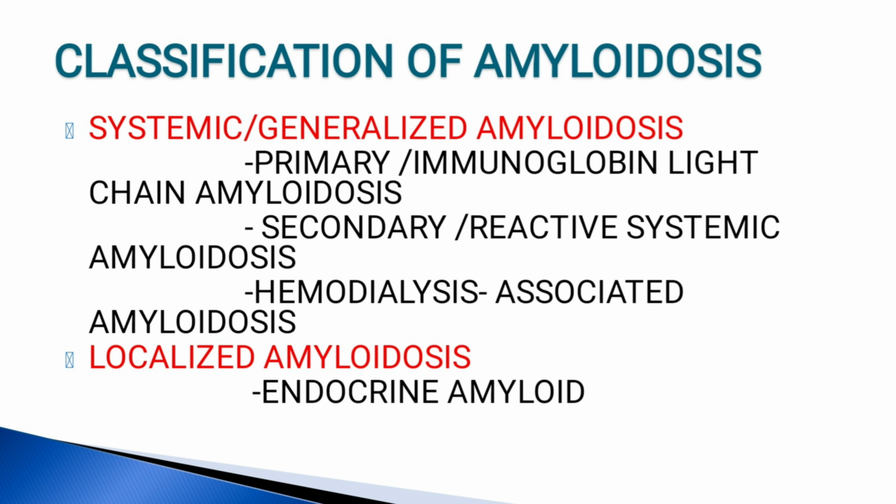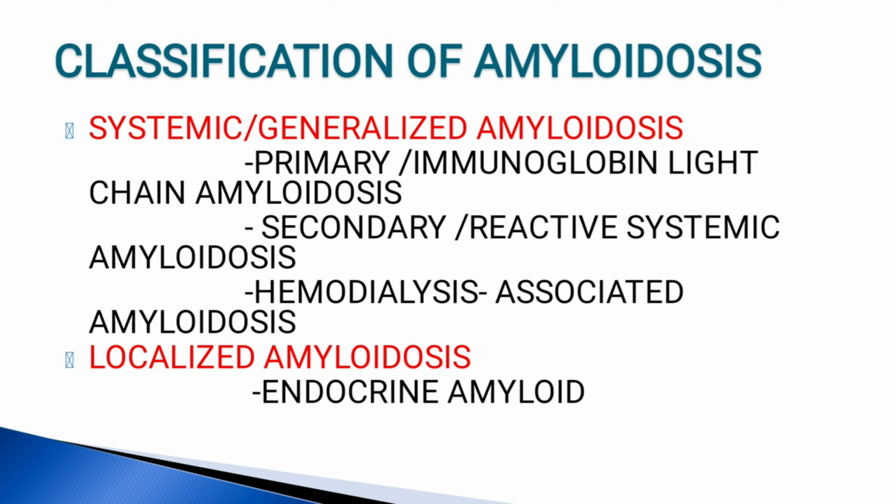Serosal surface means it includes peritoneum, pleura, synovial membrane, etc. There is another autosomal dominant familial disorder which is characterized by deposition of amyloid in peripheral and autonomic nerves. Familial Mediterranean fever is an autosomal recessive condition. Please remember it. Next, let's see about localized amyloidosis.